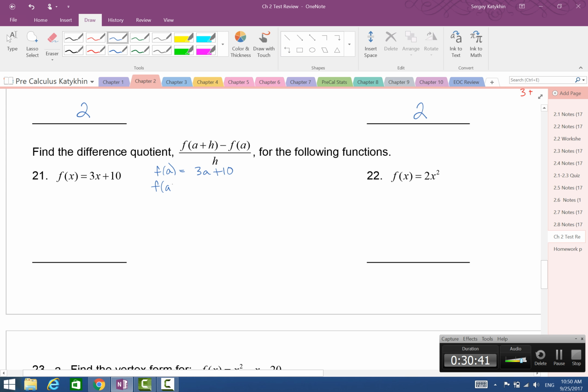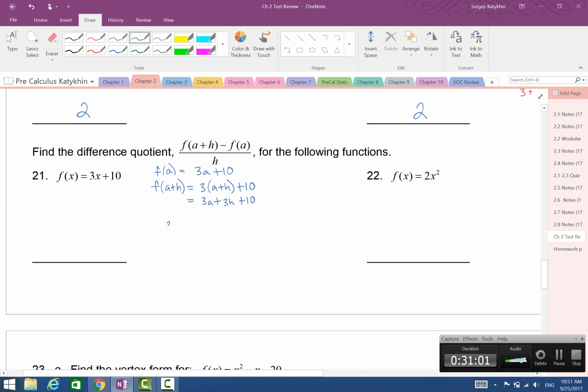F of a plus h is going to be 3 times a plus h plus 10, which then gives me 3a plus 3h plus 10. So now, since I know what those are, I'm going to go ahead and subtract them.